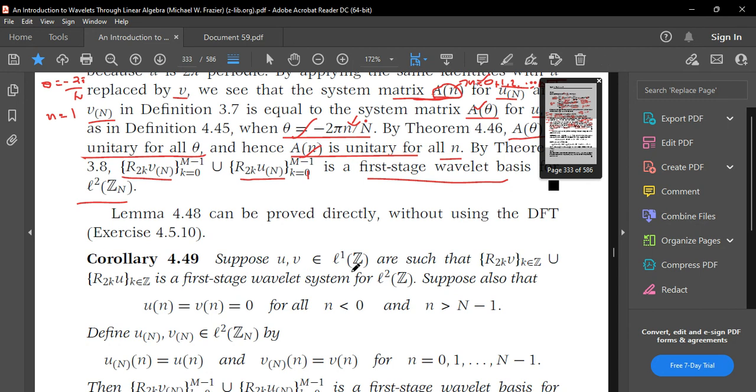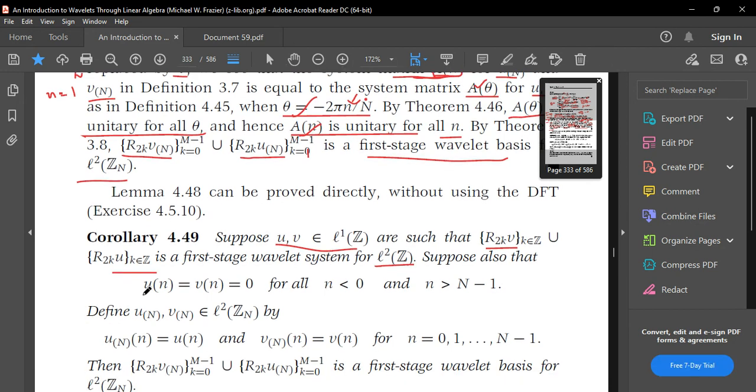Suppose u and v belong to L1 of Z such that R2k v union R2k u is a first stage wavelet system for L2 of Z, not basis. It is a system. Suppose u of n and v of n are equal to 0 for n less than 0, that is minus 1, minus 2, etc. to the left up to minus infinity, and for n greater than N minus 1, that is N plus 1, etc. up to plus infinity.